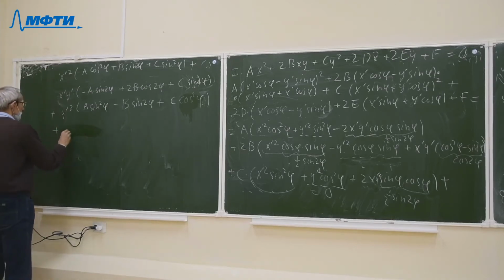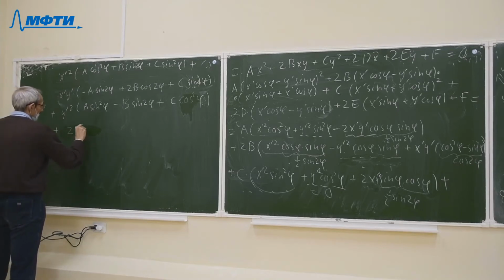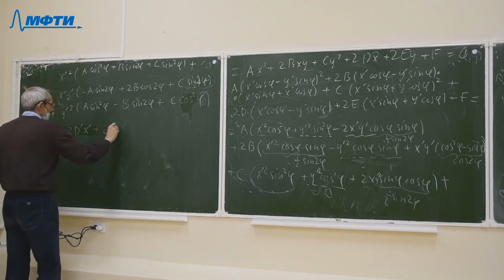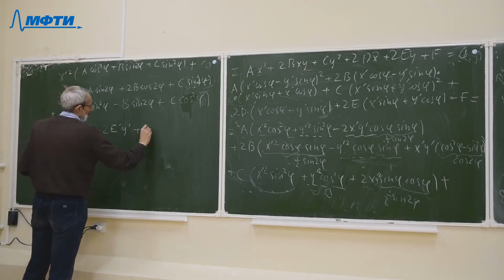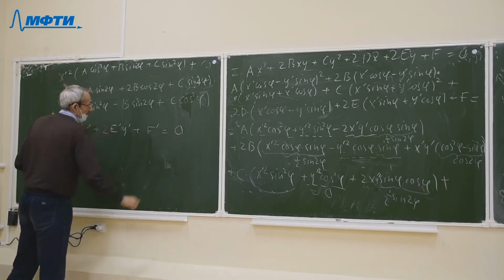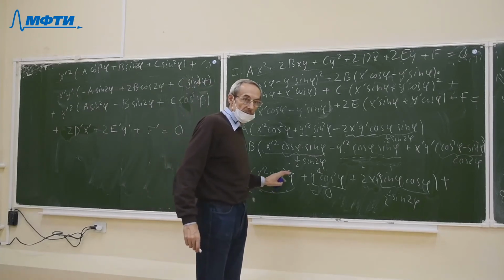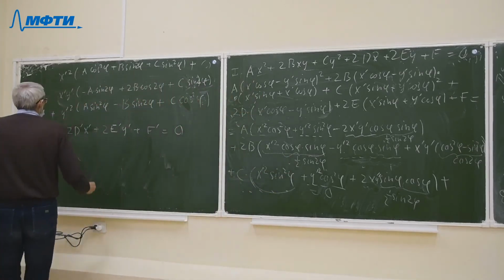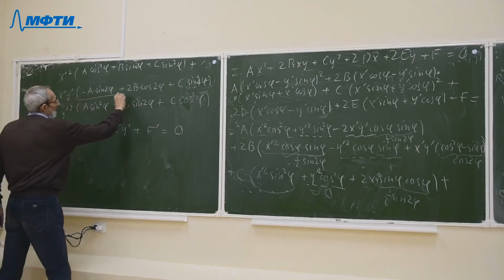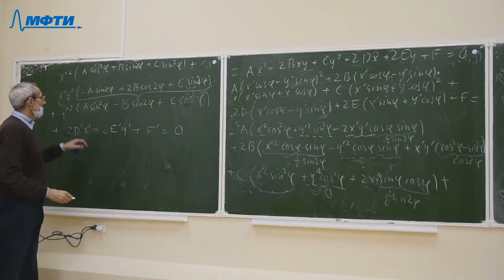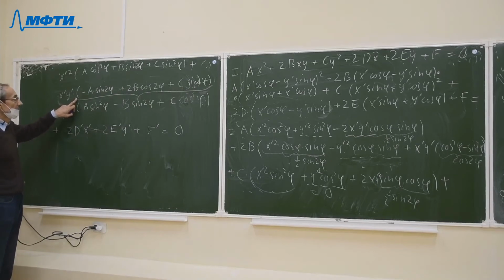Let's denote this term by 2d prime x prime plus 2e prime y prime plus f prime is equal 0. We obtain the sum term on the first order. And we need that this coefficient will be equal 0.